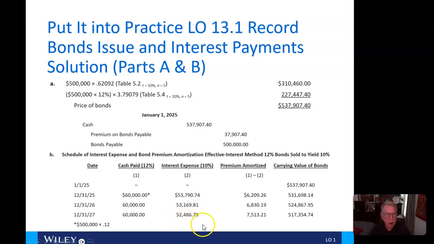We create our effective interest schedule here in that same way, starting off with our carrying value, $60,000 being our cash paid, that's 12% of $500,000, and then our interest expense based on 10% of the carrying value.